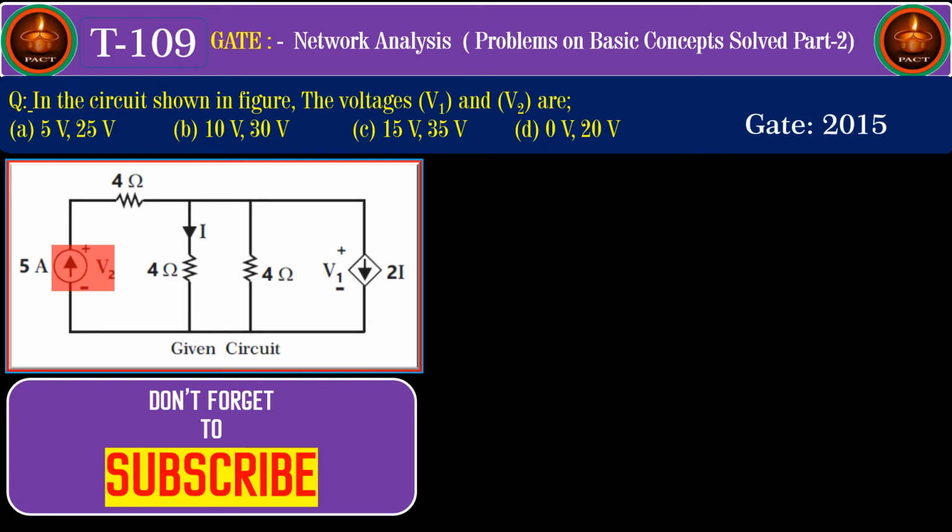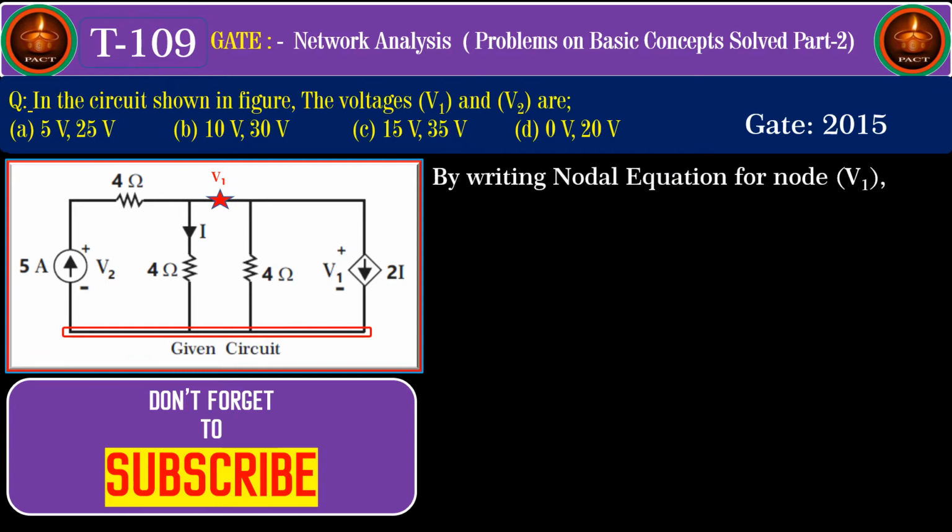If you observe the network, it is a simple two junction node network, and another important point is that whatever V1 we want to find appears across the junction.